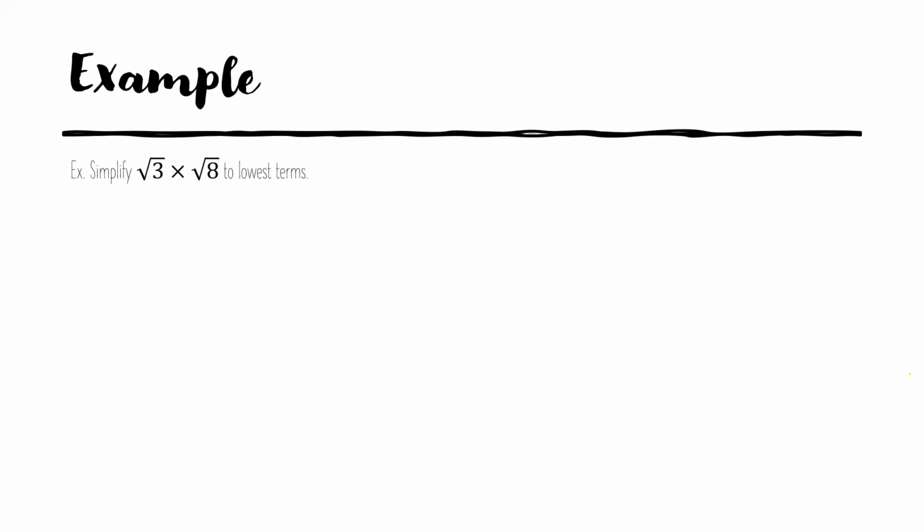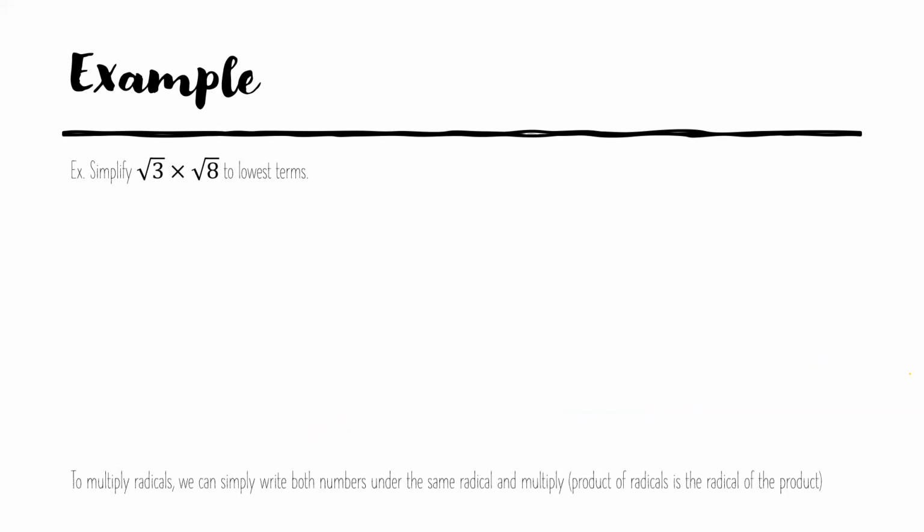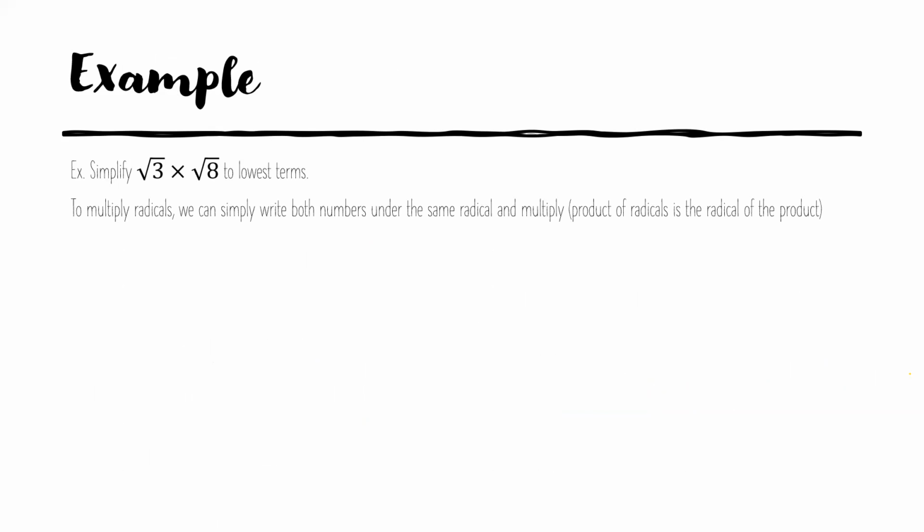So let's see what happens when we simplify something like the square root of 3 times the square root of 8 to lowest terms. To multiply radicals, it's actually not too difficult. We simply write both numbers under the same radical and multiply. A good rule here is that the product of a radical is the radical of a product, which sounds really confusing, but it's basically saying that if you're multiplying two radicals, you can simply multiply the numbers under the roots and then take the root of that product, right?